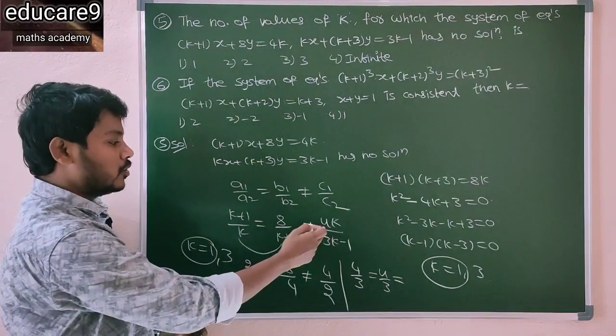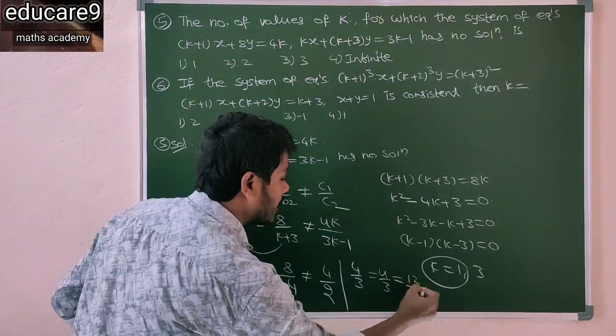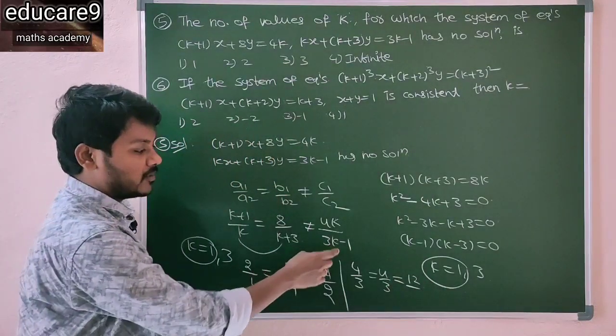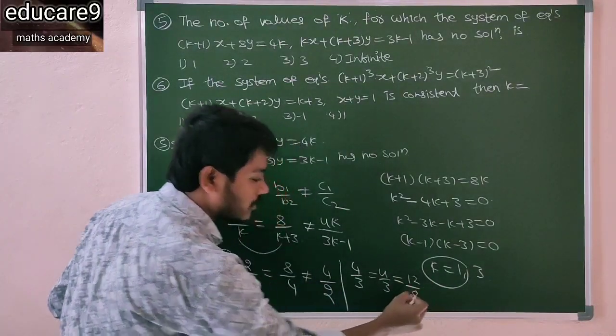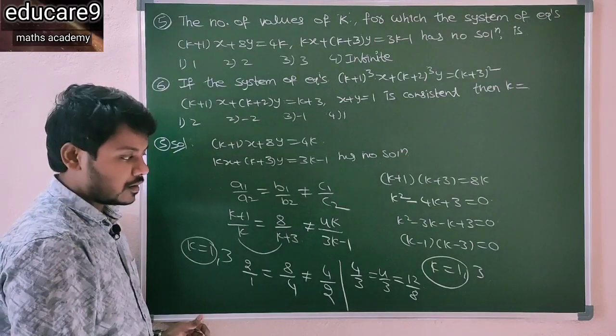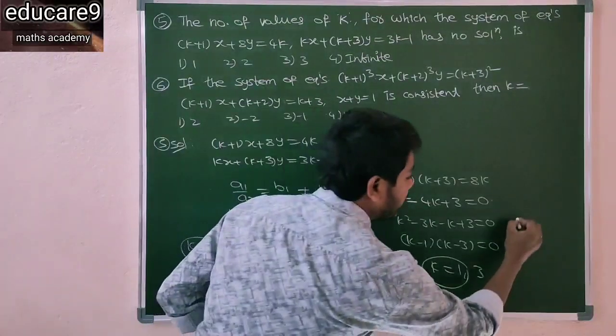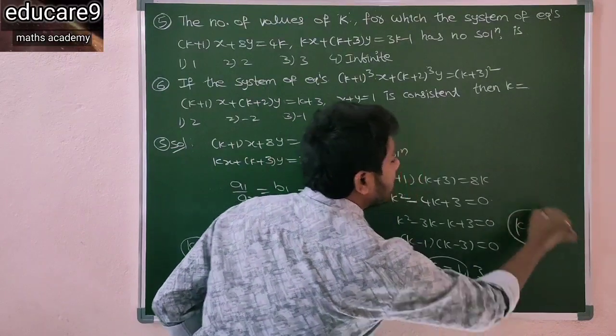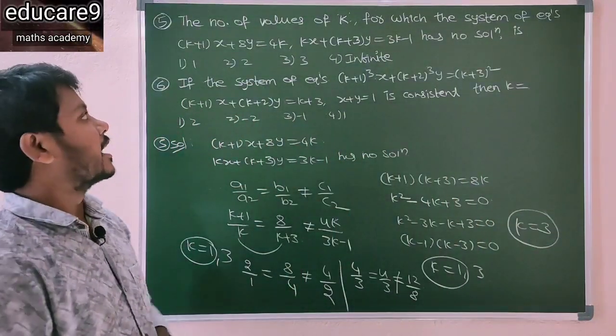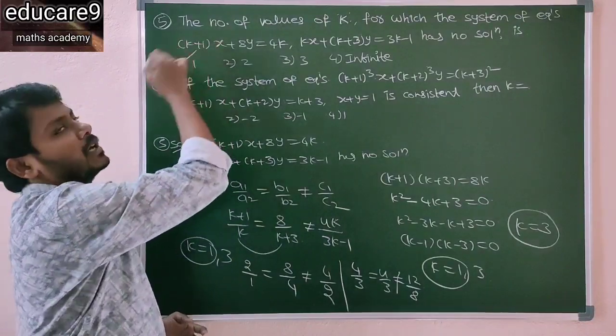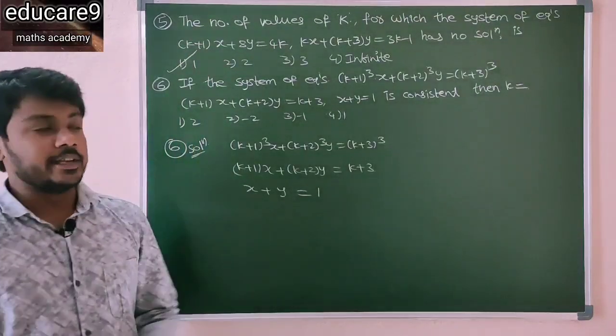And here 12/(9-1) is 12/8. Okay. So clearly this is not equal. Therefore k is equal to 3. So number of solutions is 1. So option 1. So next to see the sixth one.